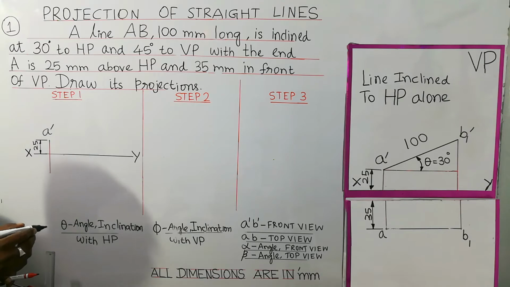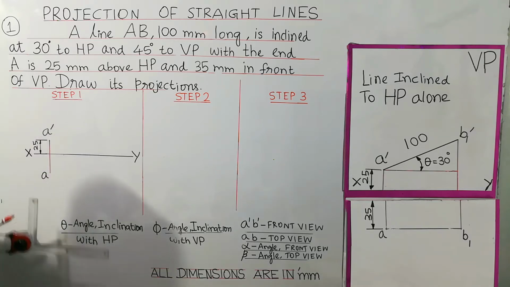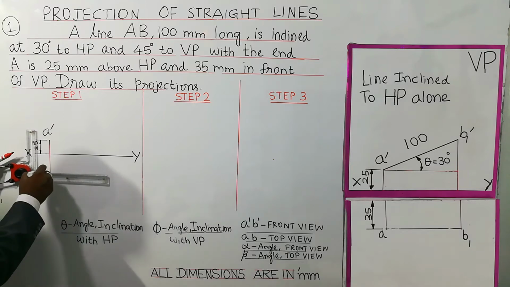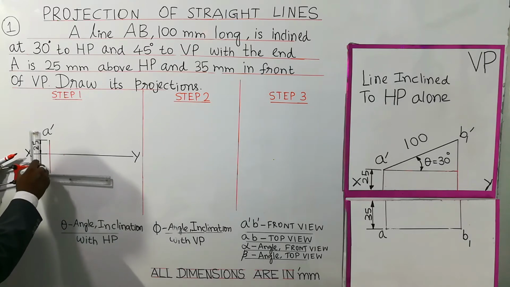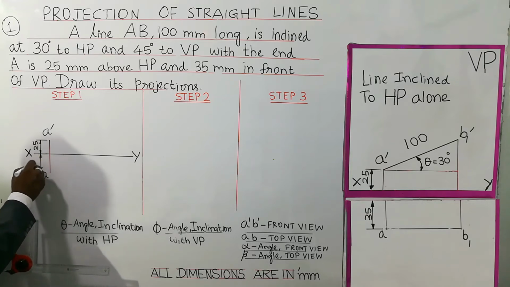The top view will come below the XY line, the reference line, of the given point A of the straight line AB. This is point A. The distance is also dimensioned using a dimension line with two arrows on both ends, written as 35.